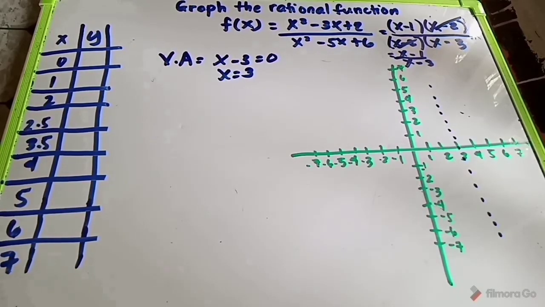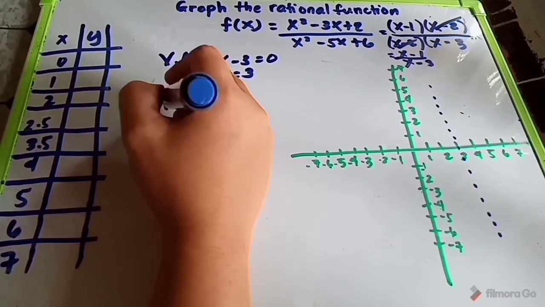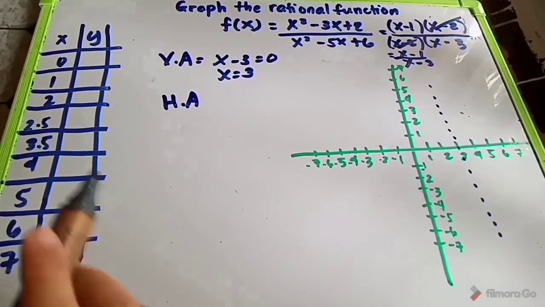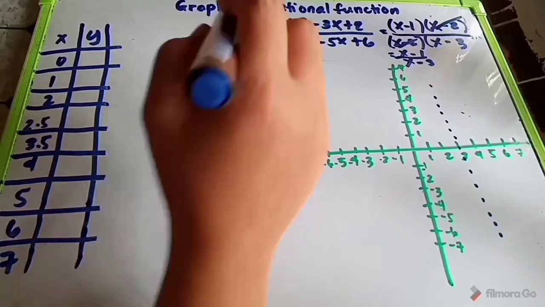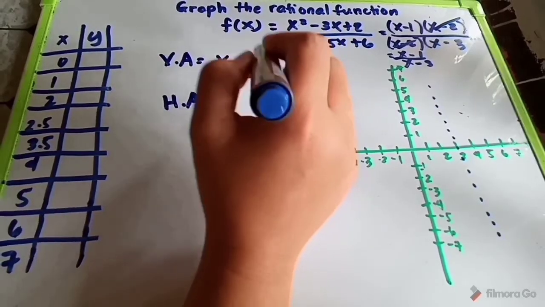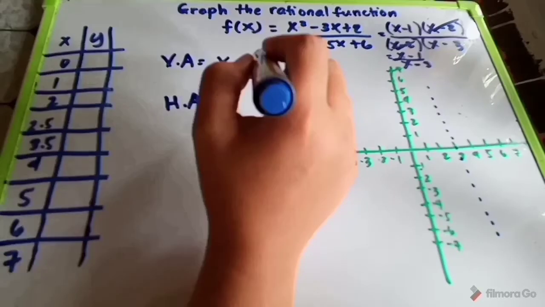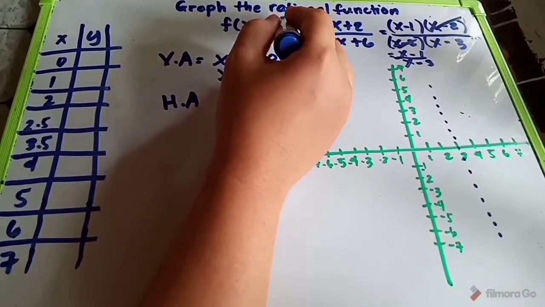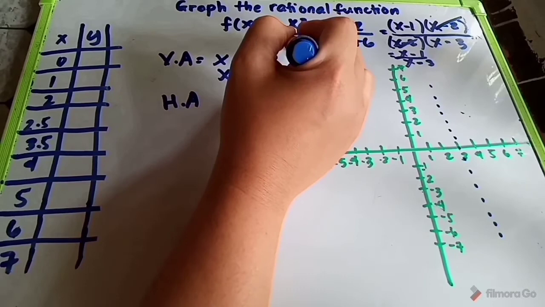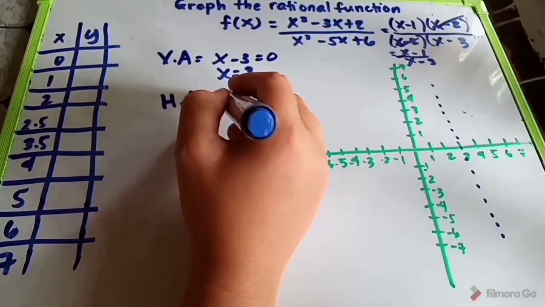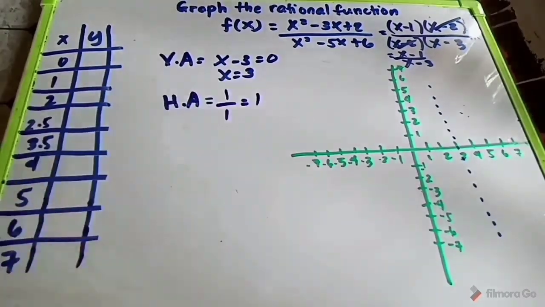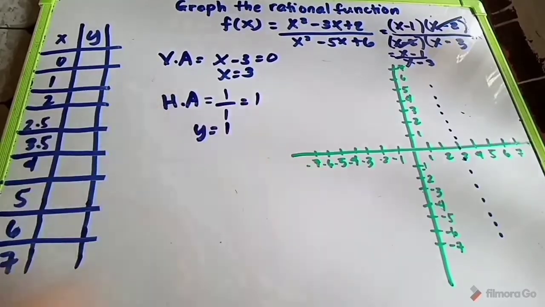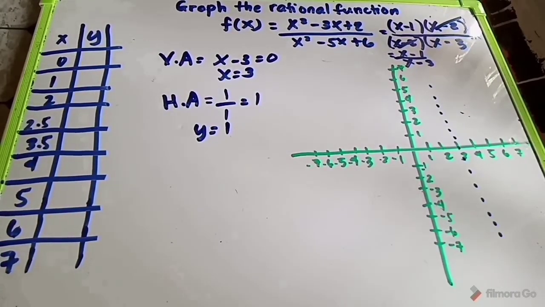And then we know that our horizontal asymptote, suppose this is m is equal to n. So we have already n is equal to n. So our numerical coefficient here is 1 and the other one is 1. So 1 divided by 1 is equal to 1. So y is equal to 1. So where is 1 here?